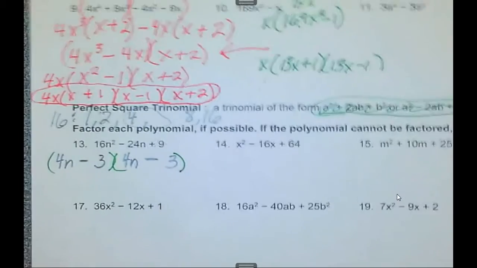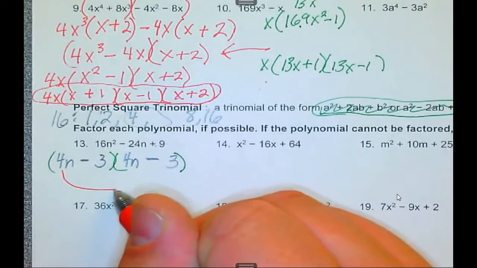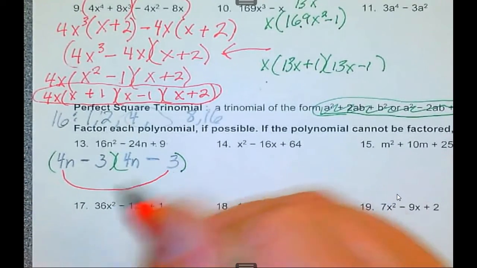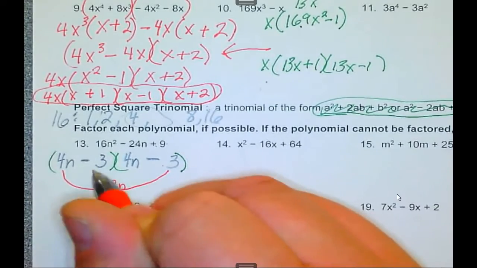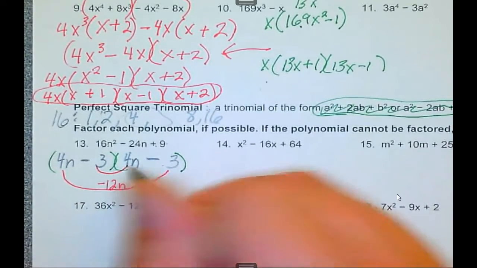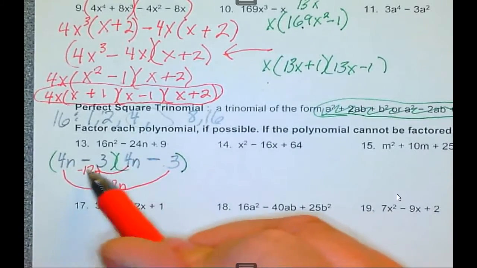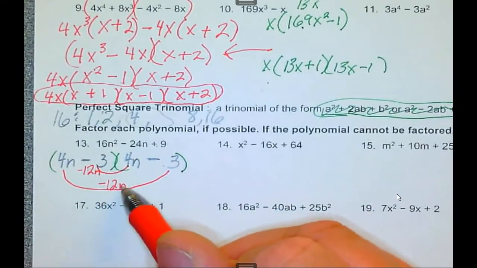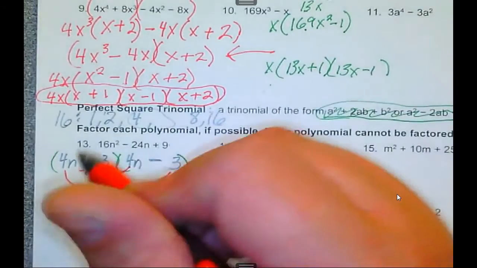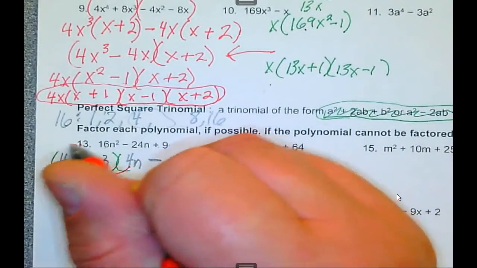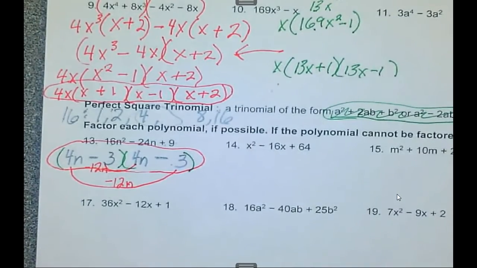Okay, so let's try this. 4n times negative 3 is negative 12n. Negative 3 times positive 4n is negative 12n. Negative 12n plus negative 12n equals negative 24n. So I'm good. I got lucky. Okay, that's my factored form.